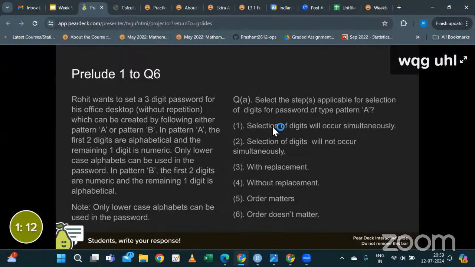Sir, how can we input options? You have to just write the option number. No commas. You can give it with comma or without comma, that doesn't matter.